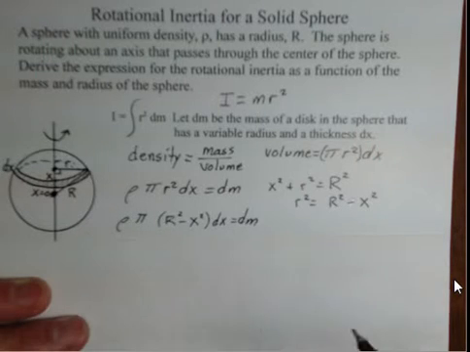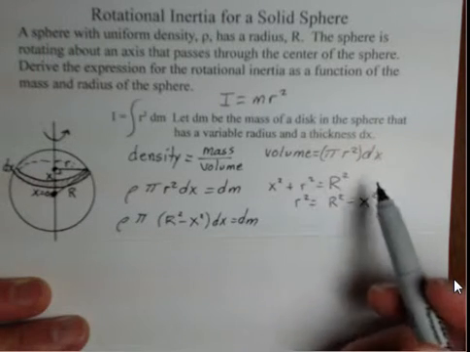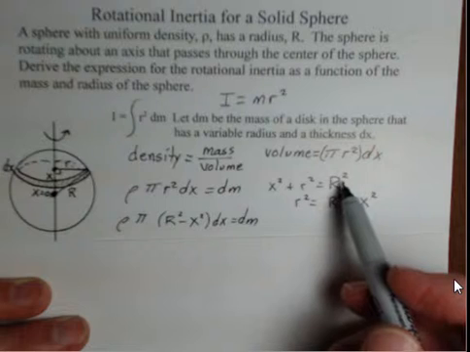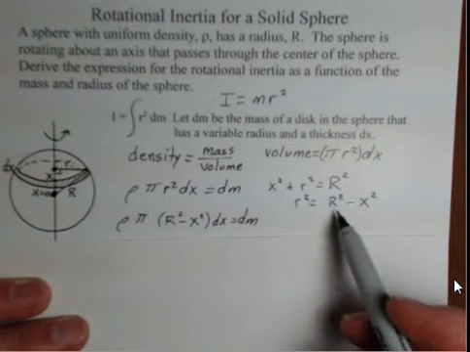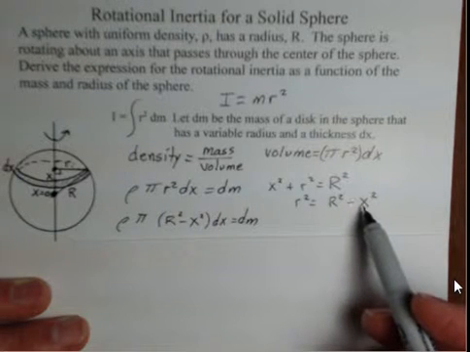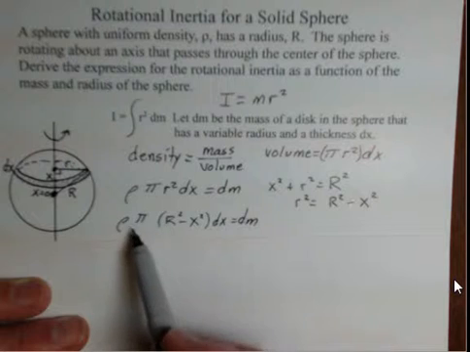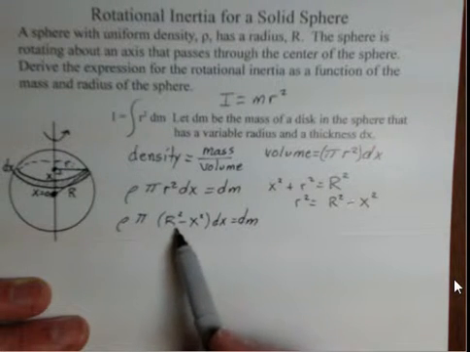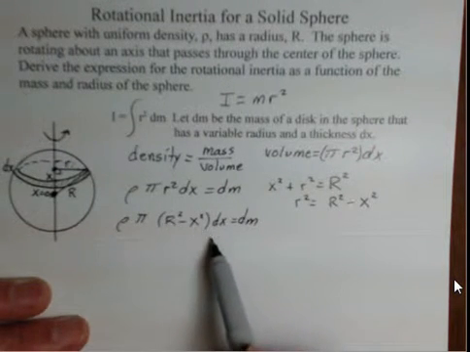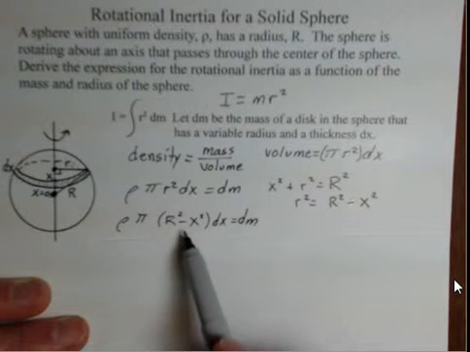It's a right triangle, so x squared plus r squared would be capital R squared, the radius of the sphere. And solving, r squared is capital R squared minus x squared. So I'm going to substitute that in. And we now have rho pi, the quantity capital R squared minus x squared, dx.